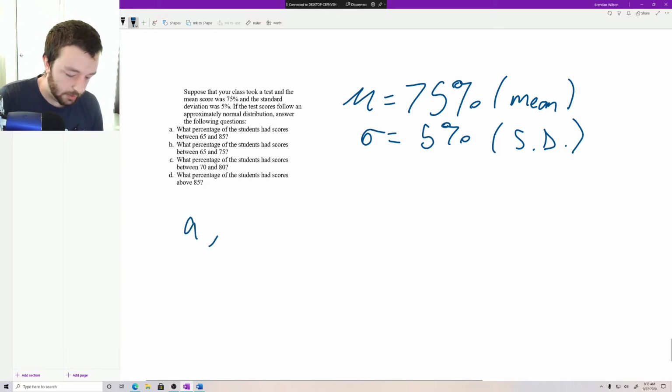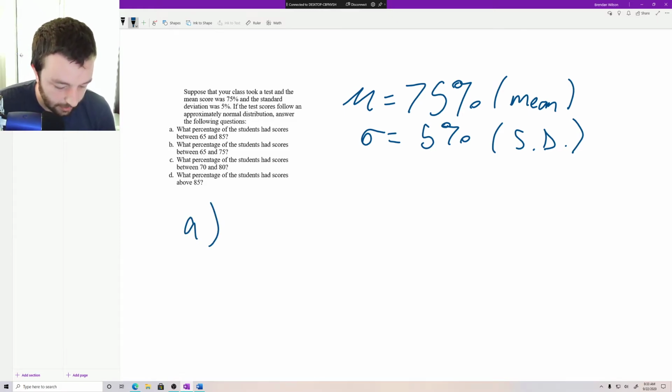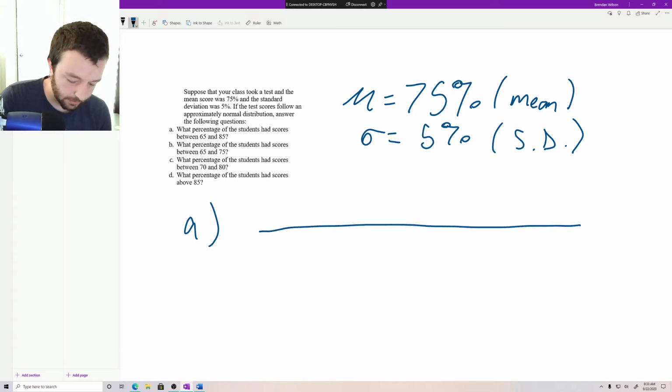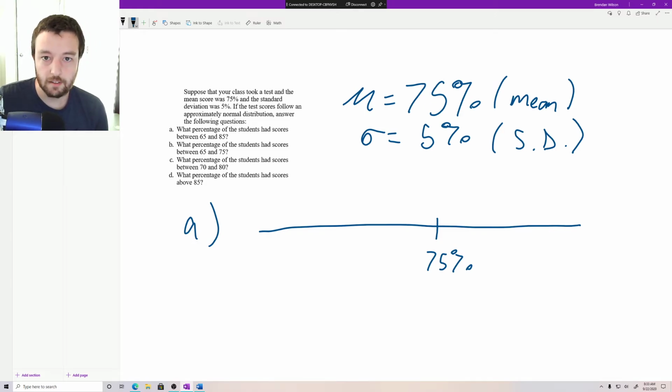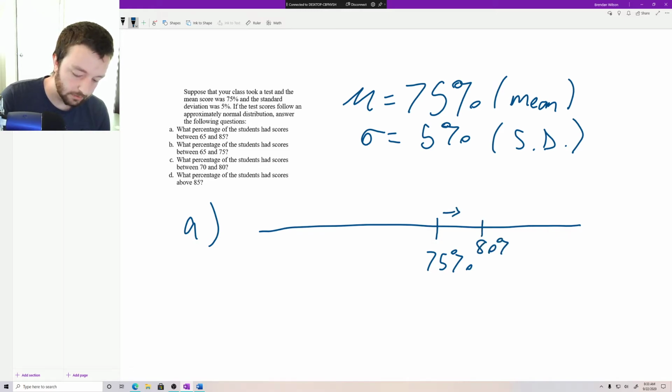A, what percentage of people had scores between 65 and 85? Well, let's think about it. Right, if this is 75%, then one standard deviation away, well, 5% away from 75% in this direction is 80%, right?